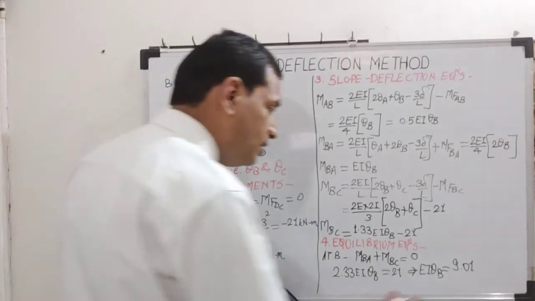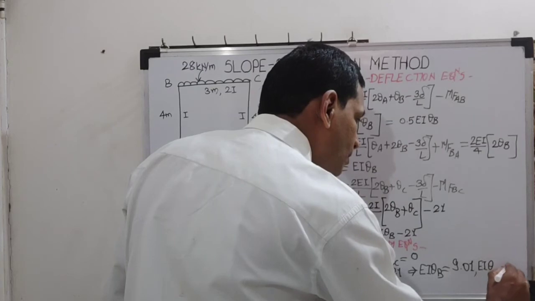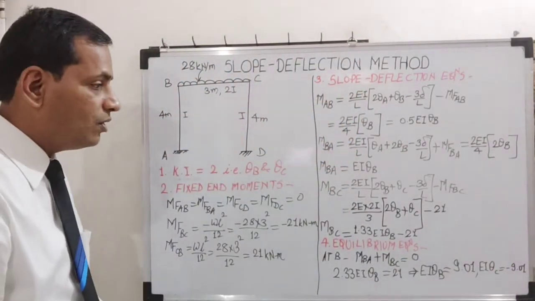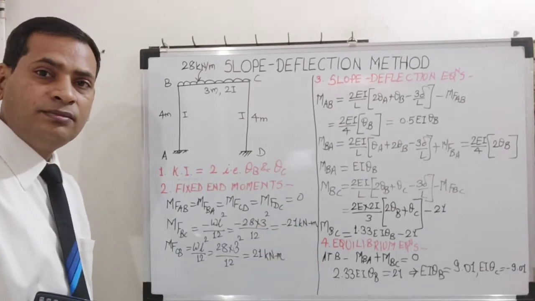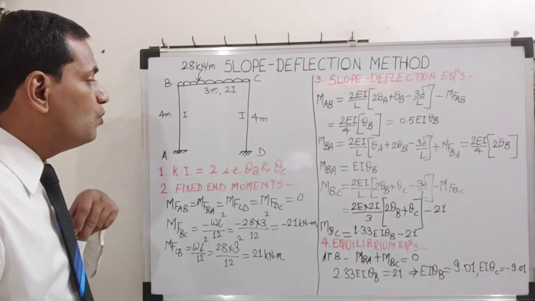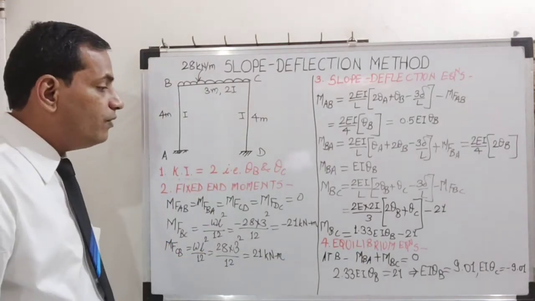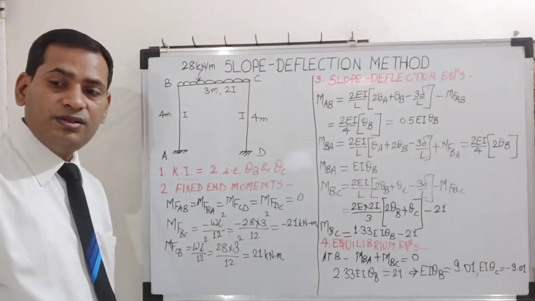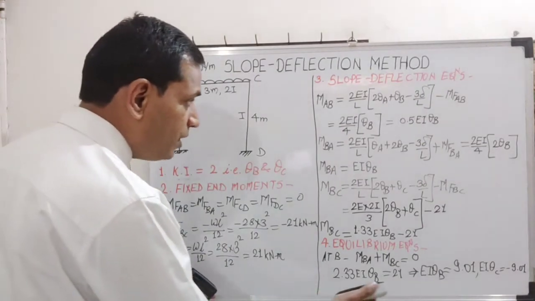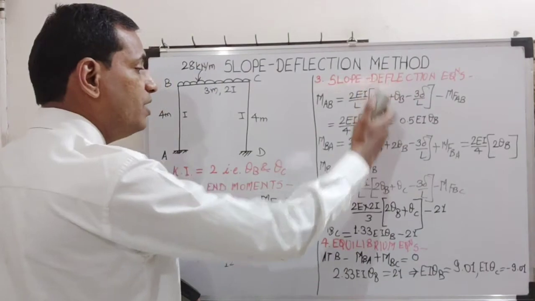Hence we can write EI theta C as minus 9.01. Simple. We have got both the unknowns. So we have reduced the length of the problem to a much extent, just made it half. Now we will find the final equations using slope deflection equations. We are just going to substitute back these values here.